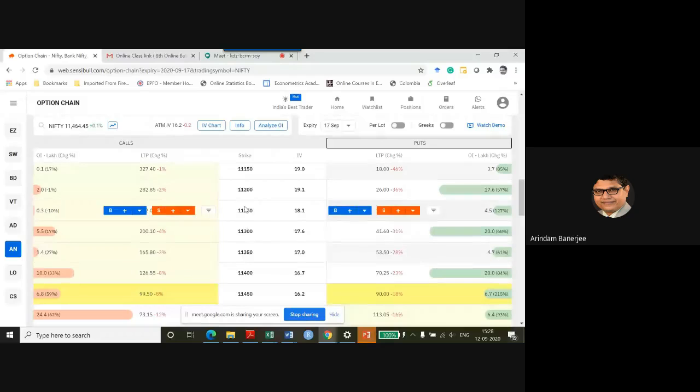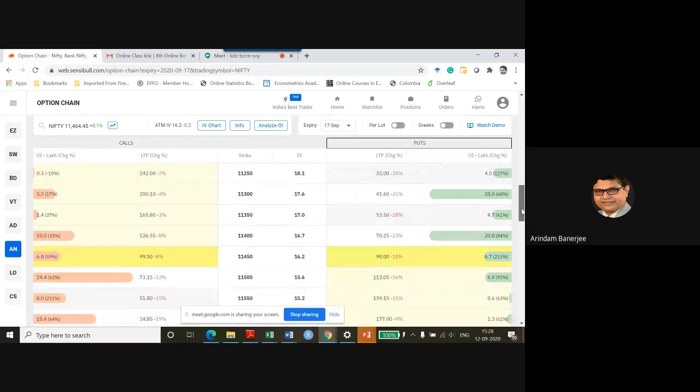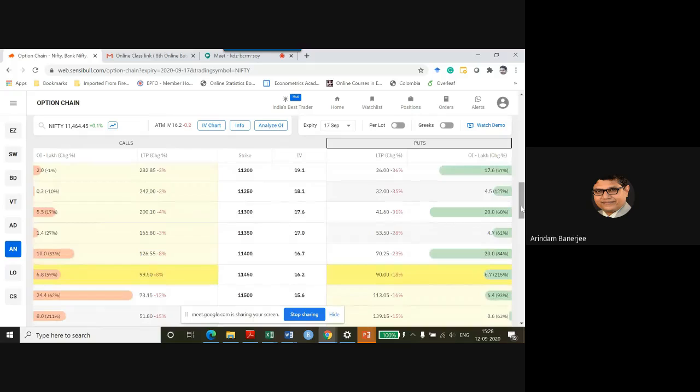Now you see, this is the spot price of Nifty. Today is Saturday, the market is closed. This is the closing price of Nifty, 11,464.